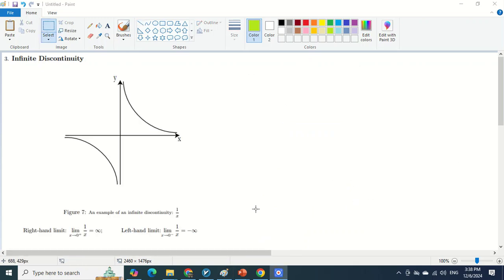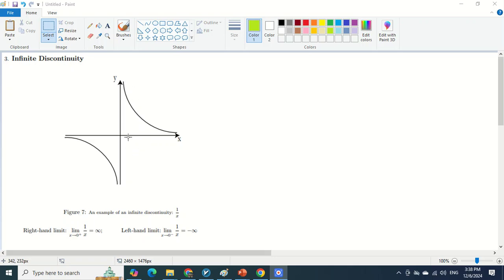So the third type of discontinuity is a case where we have infinity at one point. For instance, this 1 over x function determined over here, and as you can see, at the point 0 the value of the function tends to infinity, and we cannot remove this discontinuity either. As x tends to 0, the value of the function tends to infinity.